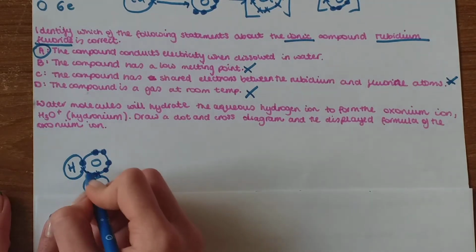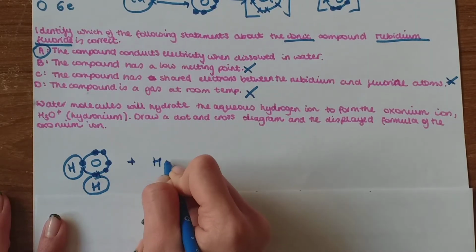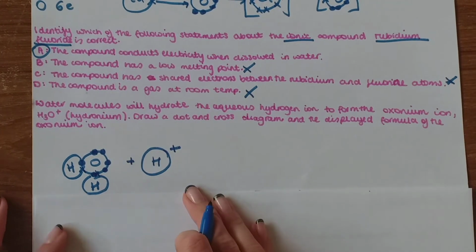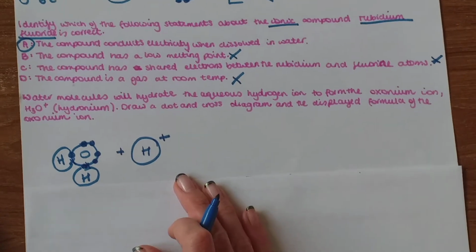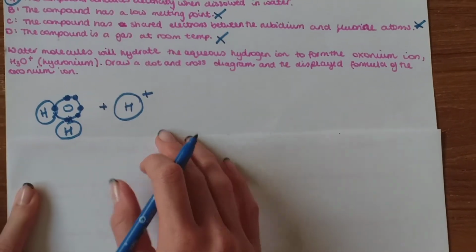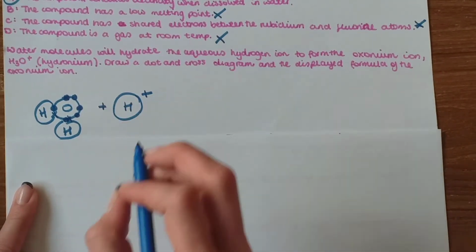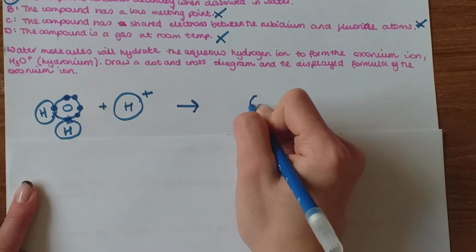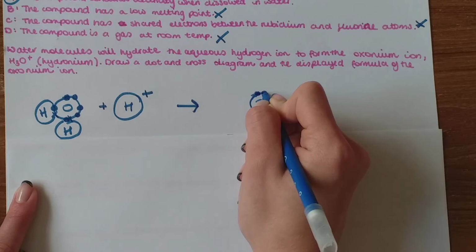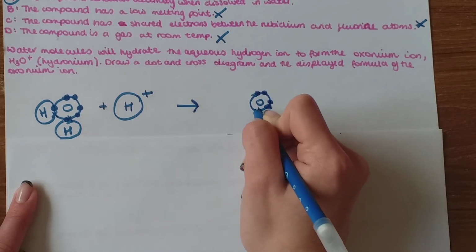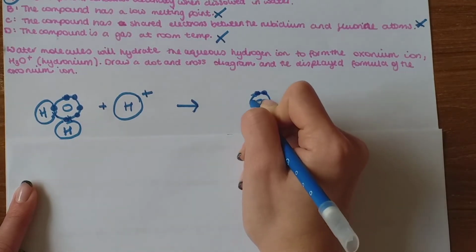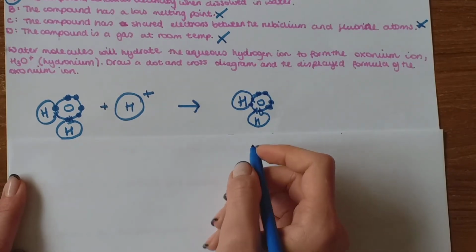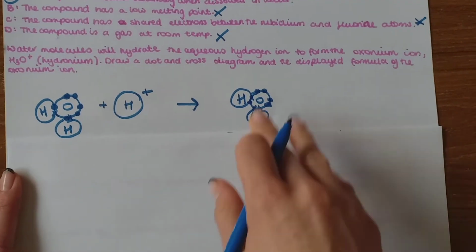We need 3 hydrogens. We only have 2, so we add another H with a plus, because hydrogen only has 1 electron, and now it's positive, so it doesn't have any electrons. Therefore, we have our oxygen and the 2 hydrogens, we have water.